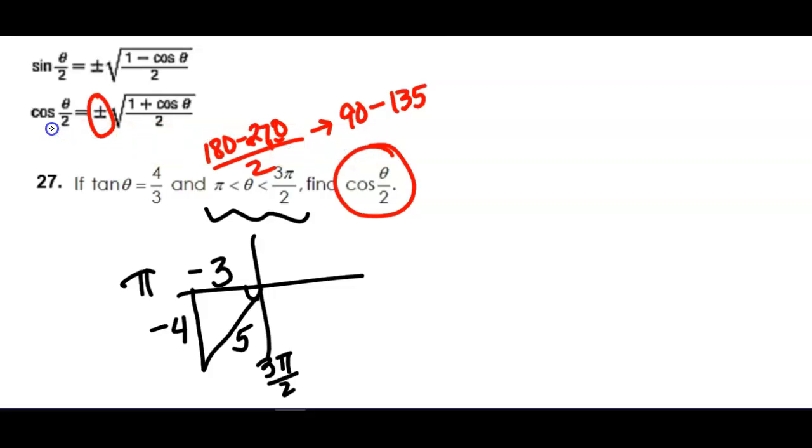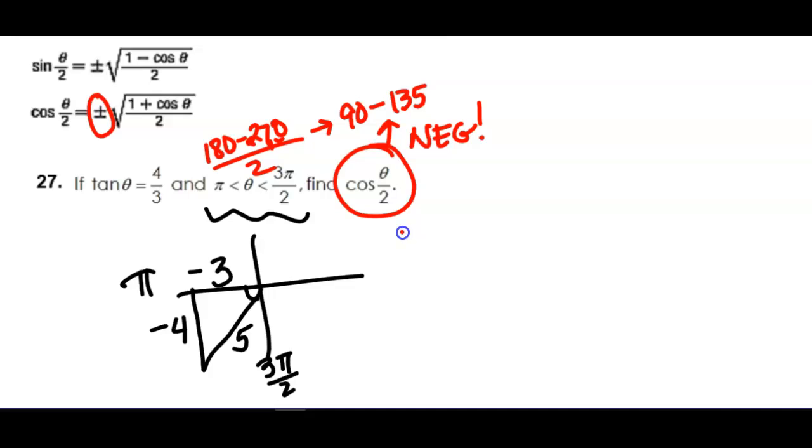So the cosine of an angle that winds up between 90 and 135 in quadrant 2, the cosine is negative. So we have to remember at the end of this problem it's going to be negative, not plus or minus. Because we had to take these restrictions, we're in quadrant 3, and cut them in half, and that landed us in quadrant 2 where the cosine is negative.